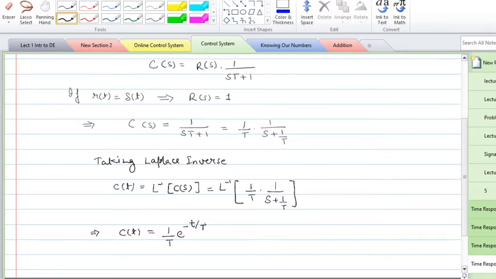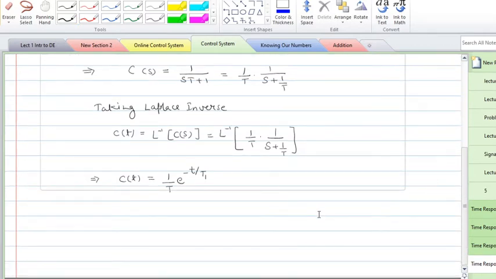So in this case your response C of T, because we have here applied the unit impulse input, the response will be like this. Suppose we take the axis.